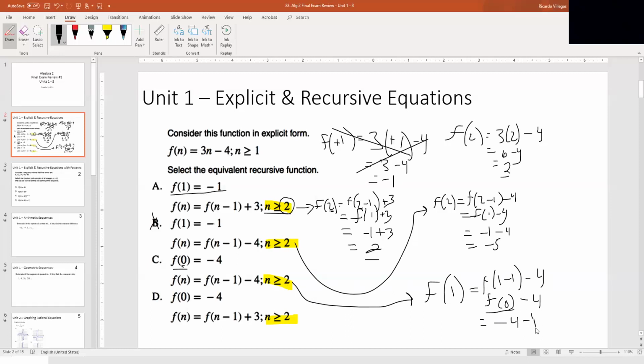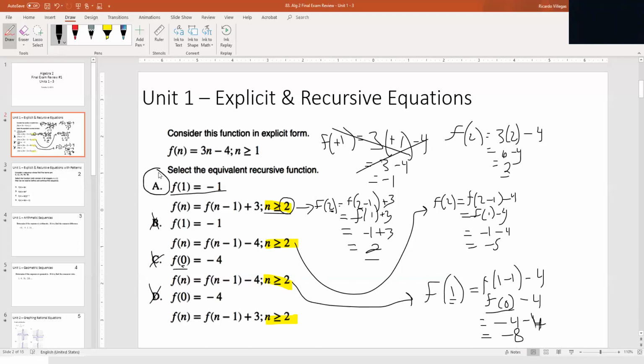Then I end up getting my answer to be -8. The only problem with this is that 1 is not a number greater than or equal to 2, so I cannot substitute a 1 here. So these are automatically not our answers, because they gave us f of 0, but we can't find f of 0 because it does not satisfy this restriction.